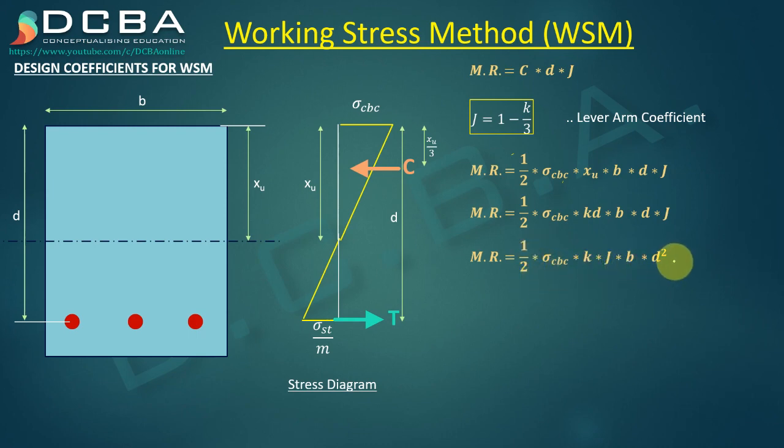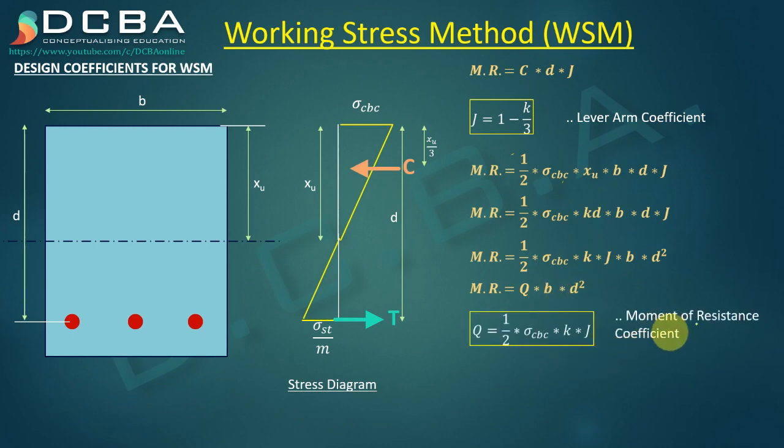If you look at this coefficient now, again everything is dependent on what material we are using. K is dependent, J is dependent on K, and sigma CBC is your grade of concrete, right? So this coefficient, I'll write it as Q. Some books write it as R. It varies with authors. So MR is QBD square, where Q is called the moment of resistance coefficient.